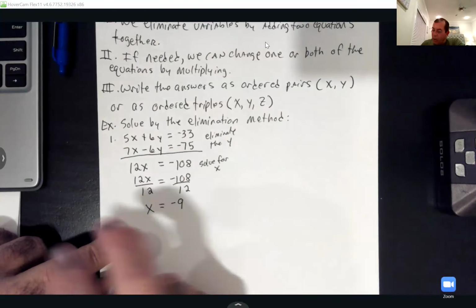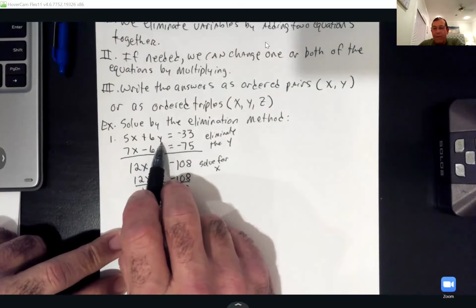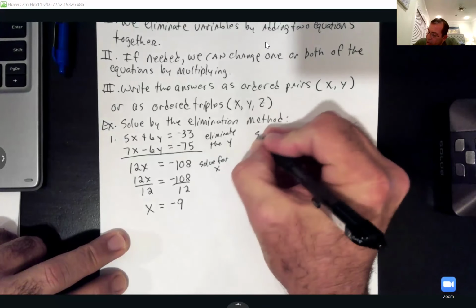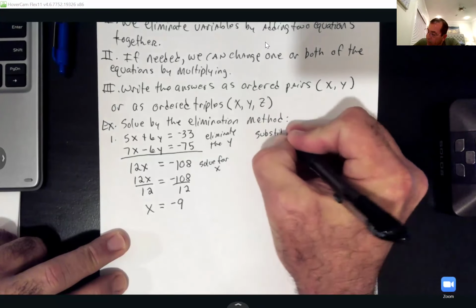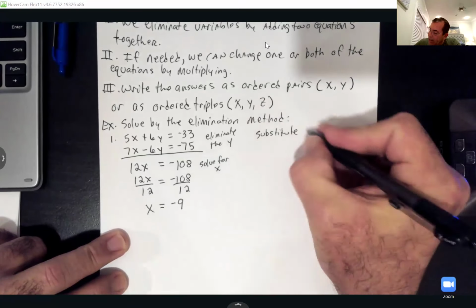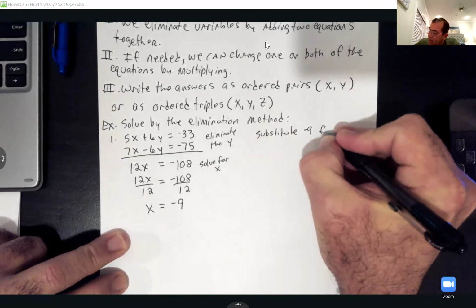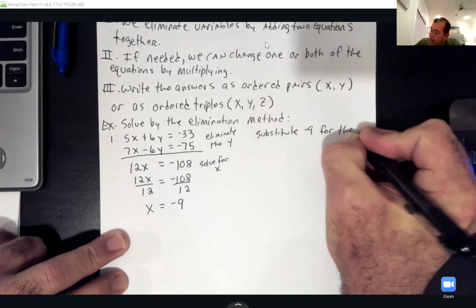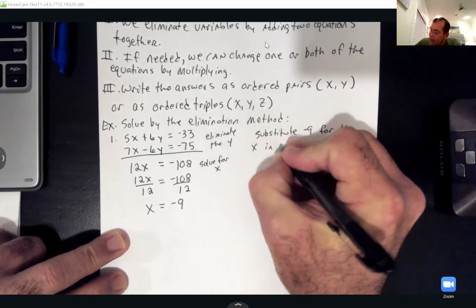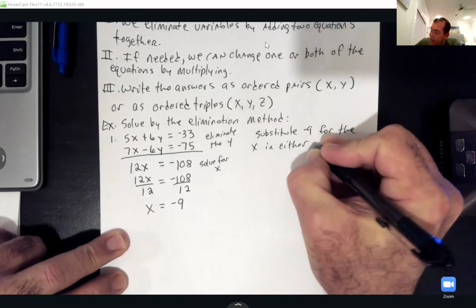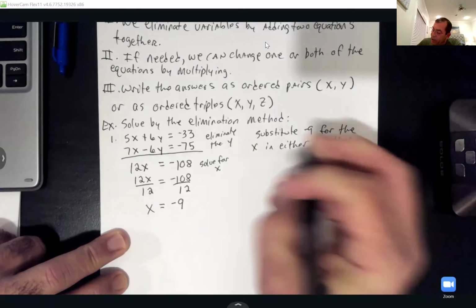So what I'm going to do now to solve for the y variable, we're going to substitute negative 9 for the x in either of the original equations.